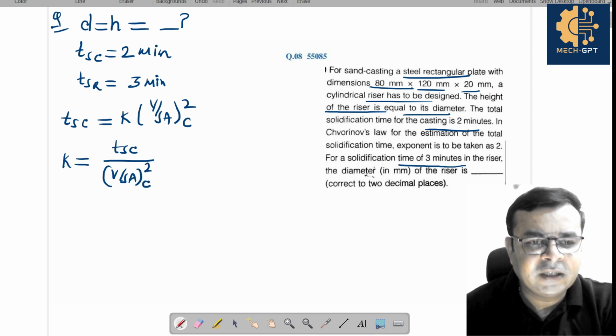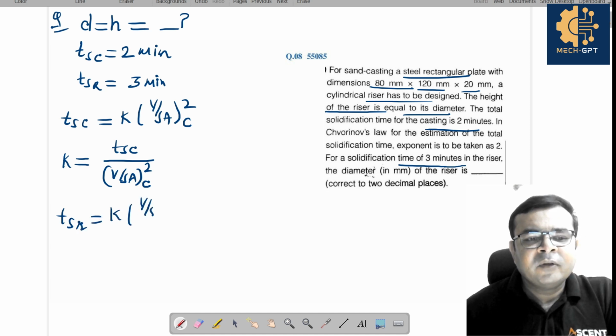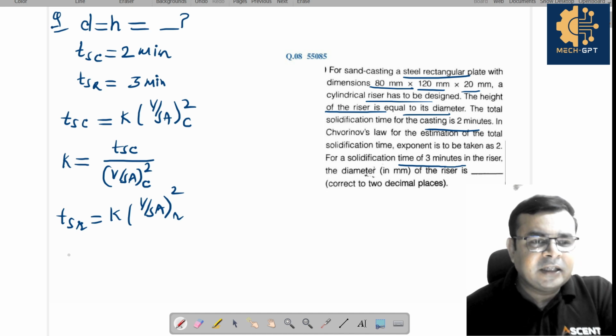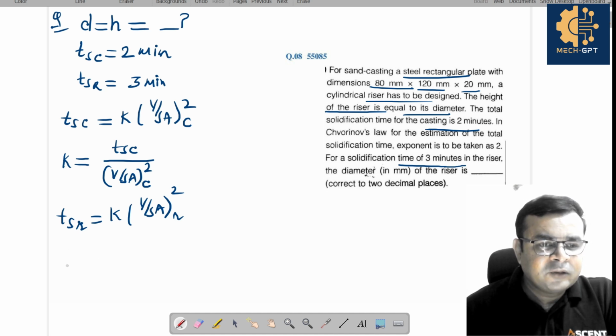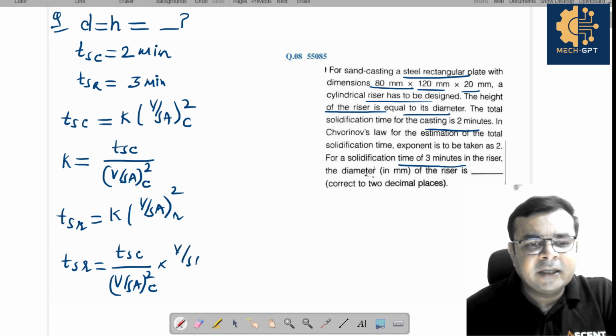If I write the solidification time of the riser, can I say this is K times (V by SA of riser) whole squared, and this K remains the same for both casting and riser because the metal remains the same. So if I put this value, we get TSC, the solidification time of casting, over (V by SA) of casting whole squared, into (V by SA of riser) squared.